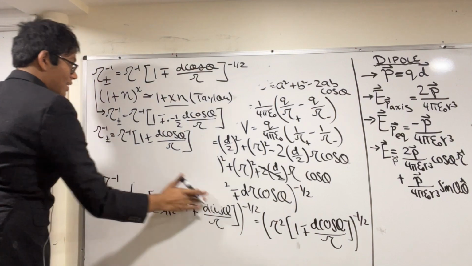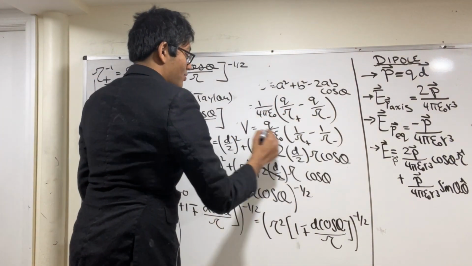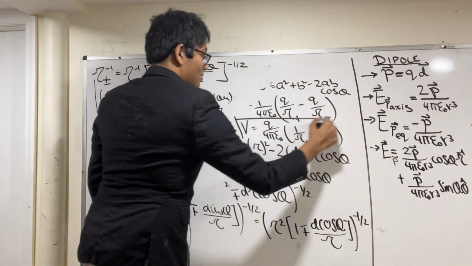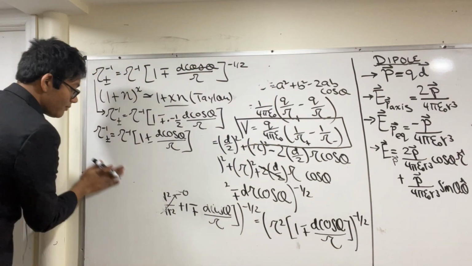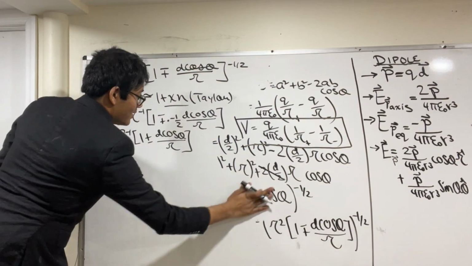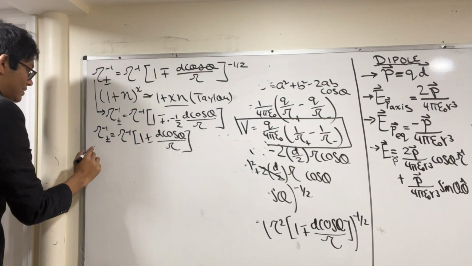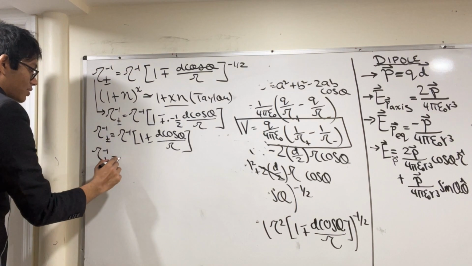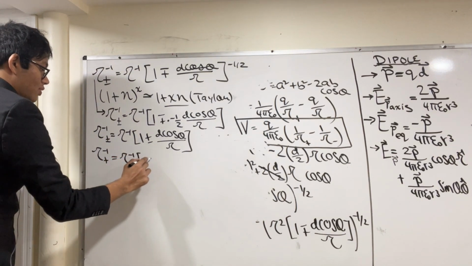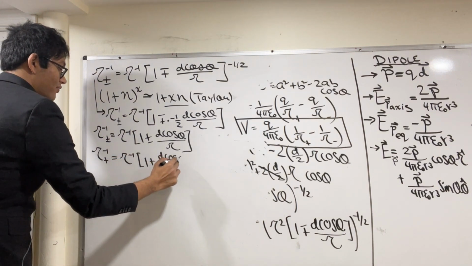So let me go ahead. At the end of the day, I wanted to figure out, remember, I wanted to simplify this potential right here. So let's do it. Now I can write down that the distance to the plus charge, the reciprocal of the distance to the plus charge, is simply r to the minus 1 plus d cosine theta over r.